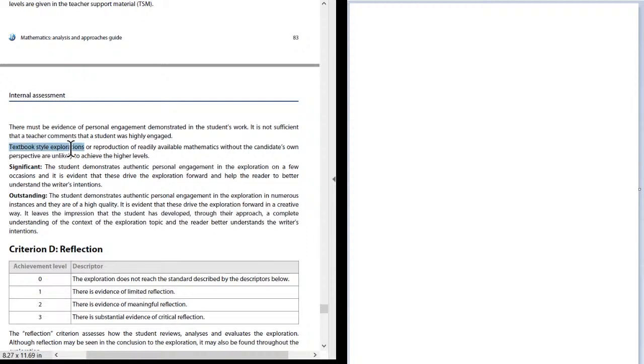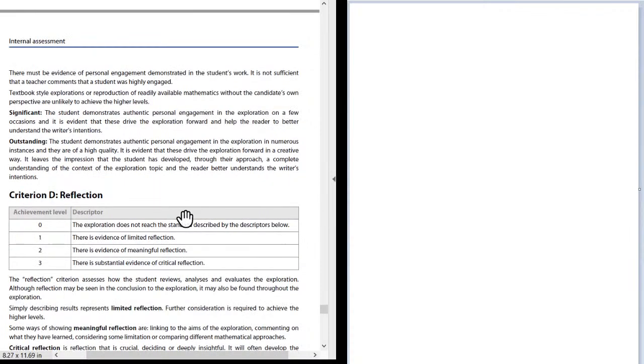Textbook style explorations or reproduction of readily available mathematics are unlikely to achieve the higher levels. So even if you talk about some advanced undergraduate mathematics, some advanced calculus, you're not really demonstrating personal engagement. And we'll come back to this.